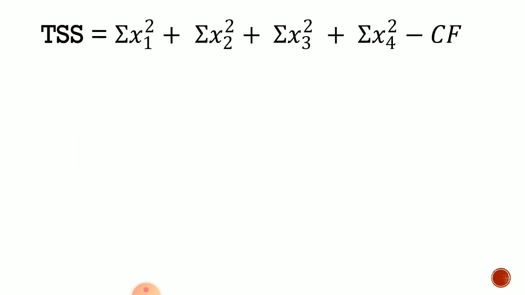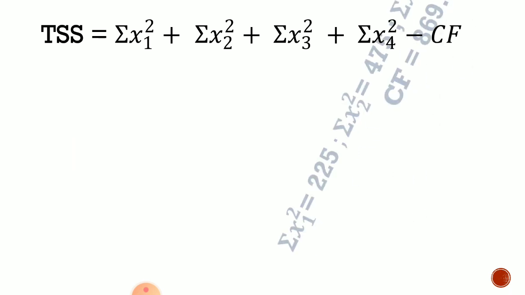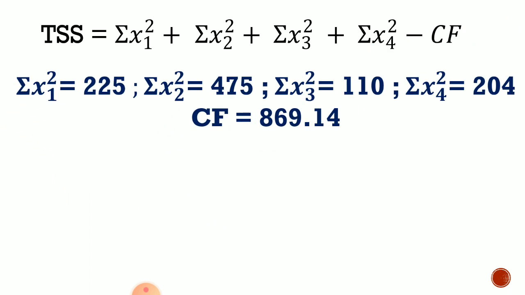Next will be the total sum of squares. So TSS is equal to the summation of x sub 1 squared plus the summation of x sub 2 squared plus the summation of x sub 3 squared plus the summation of x sub 4 squared minus the correction factor, which is the CF. So for the summation of x sub 1 squared, that is equal to 225.